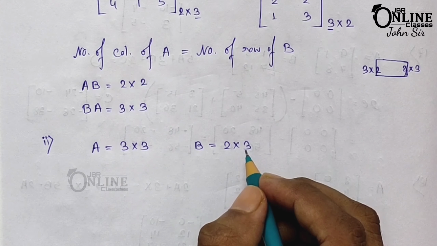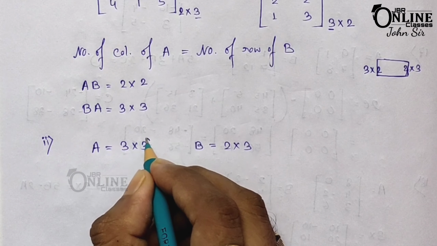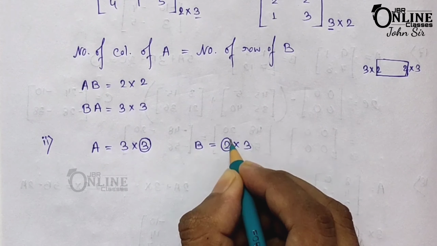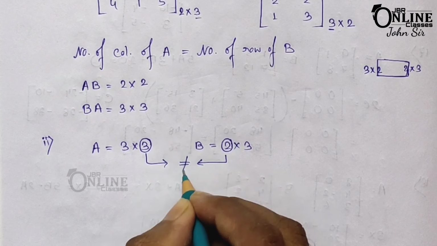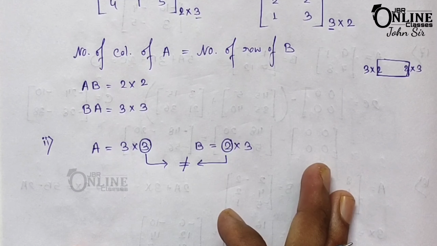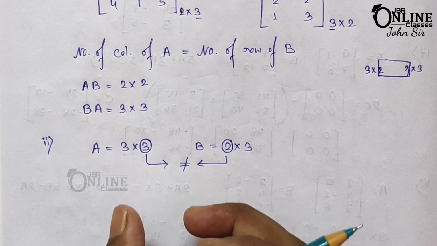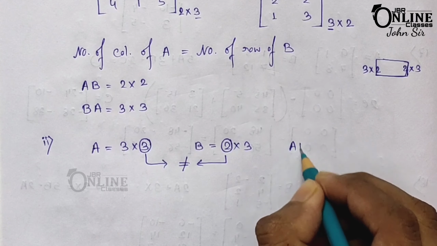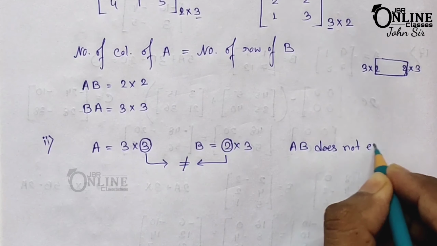In that case, the column of the A matrix is 3, and the row of the matrix B is 2, and 3 and 2 are not equal. So if these two numbers are not equal, that means AB does not exist. So the product matrix AB does not exist.